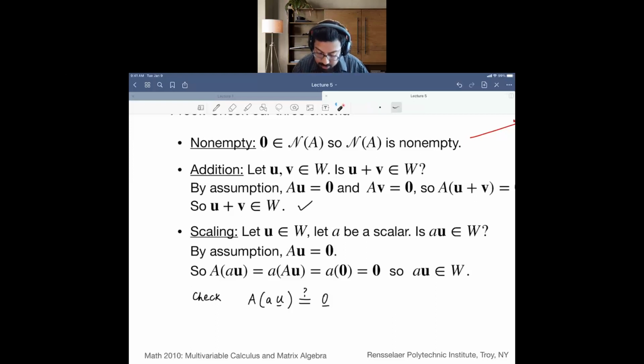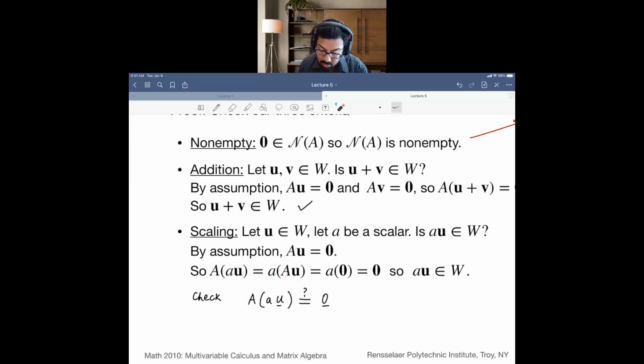If it does, then this becomes a solution. If it is the solution, then that is belonging to W, right? So let's see. Because we need to check this, let's consider A times au. I have a coefficient matrix here. I can bring out the scalar. So I've got the scalar out. Then I'm doing Au.